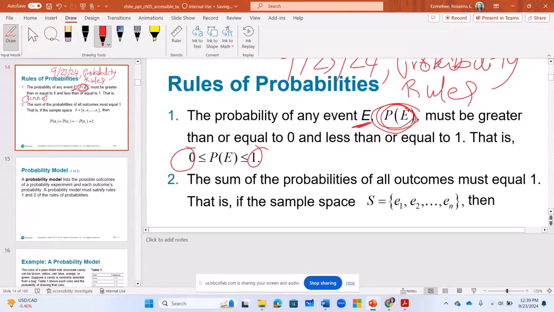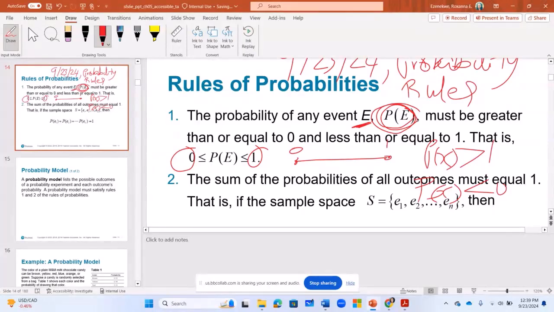In other words, if you draw a number line, probability can be 0, probability can be 1, but the probability of any event is not allowed to be greater than 1. Also, the probability of any event X is not allowed to be less than 0.